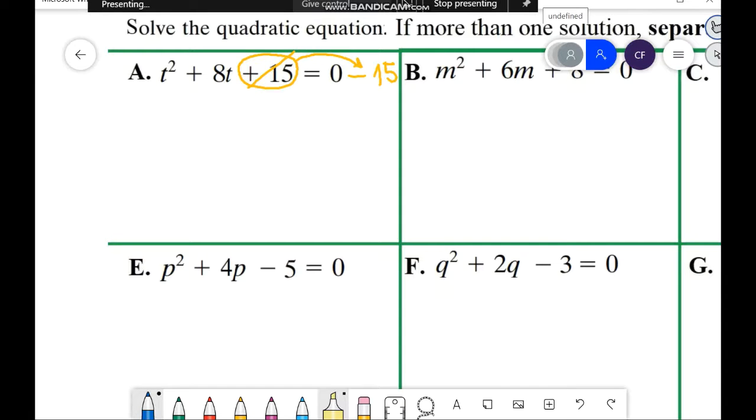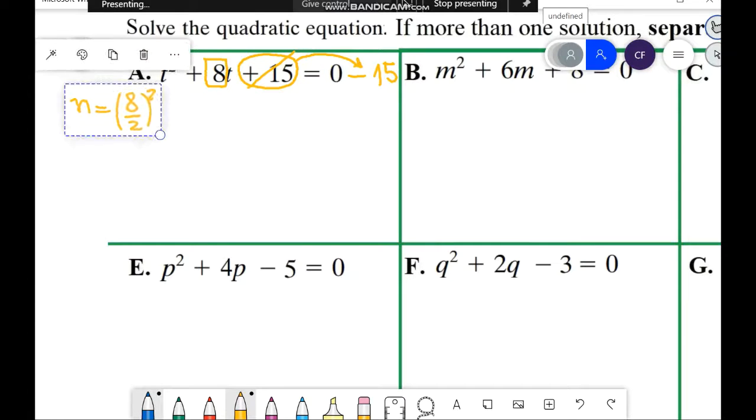Solve letter A. Okay, not a problem. The first thing you have to calculate is n. N that will add to both sides of the equation, right? To find n, you look at this number here, divide 8 by 2 and square.